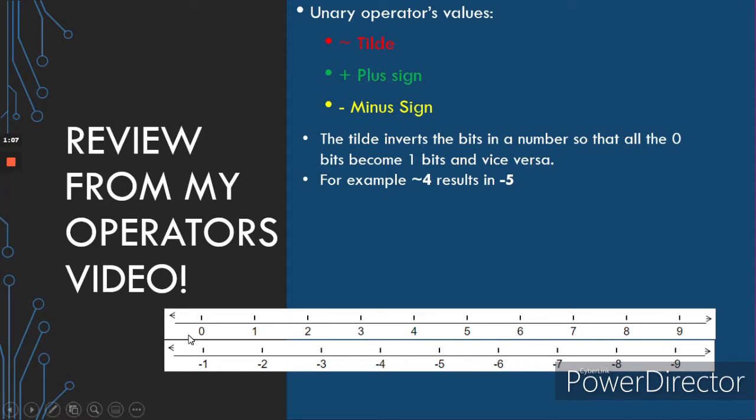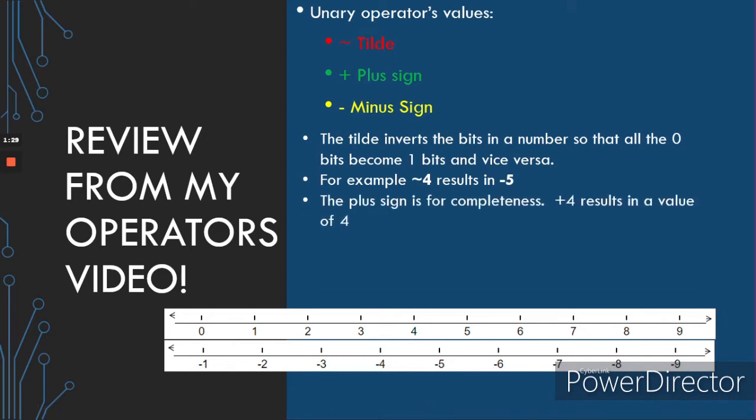So that's why in Python the opposite of 0 is negative 1, the opposite of 1 is negative 2 instead of negative 1. So here it is the same. When you enter tilde 3, the value you would get is negative 4. You can use this number line to help you understand more.